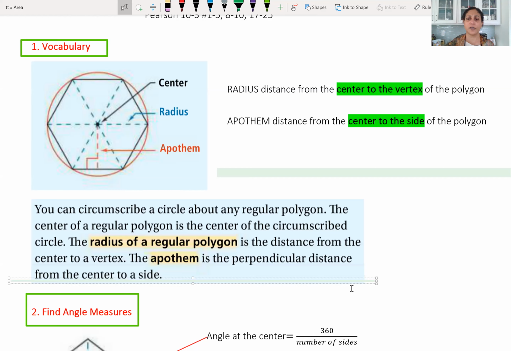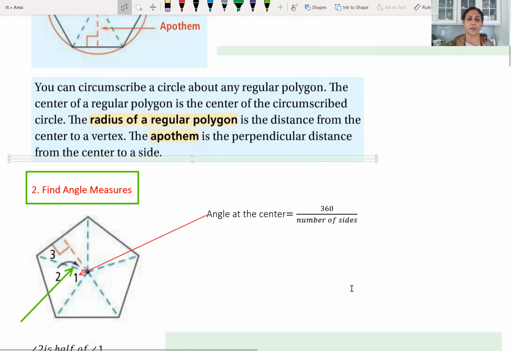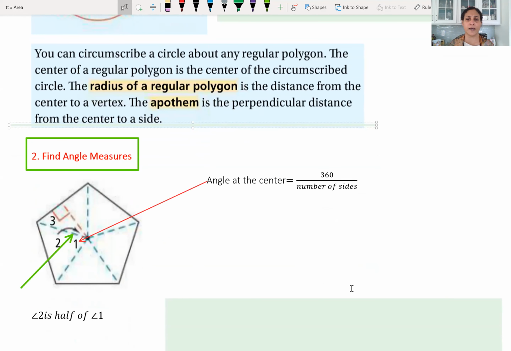So the first thing you need to know is how to find the angle measures. Here, this is a pentagon, and in a regular pentagon, if I draw all the radii, then I get 5 angles. If I divide 360 by 5, I get the full angle at the vertex of the triangle over here.